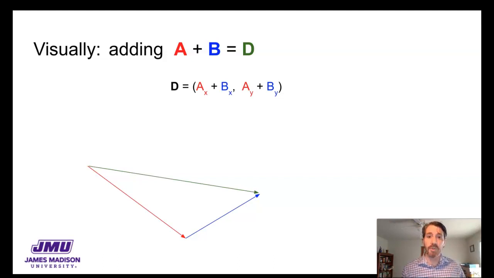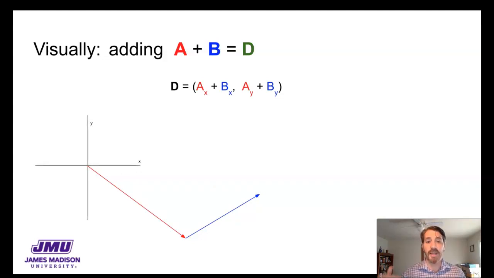The way we take this visual representation and turn it into a mathematical calculation is, let me take vector D out of there visually. I would go back and start at an origin and say, this is the direction of x horizontally, and this is the direction of y vertically, and now I have an origin and a coordinate system.